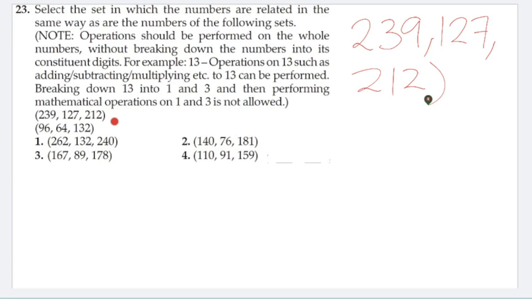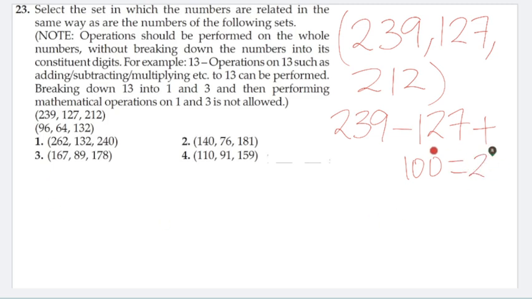From these, if we see 239 minus 127 plus 100, we will get 212. So 239 minus 127, we will get 112, and plus 100, we will get 212.